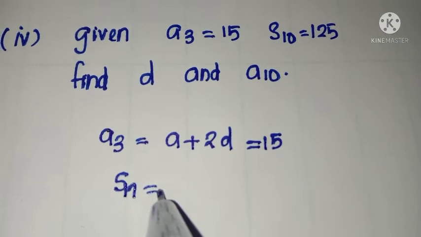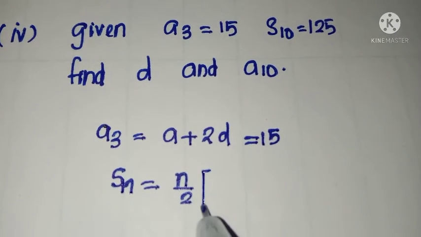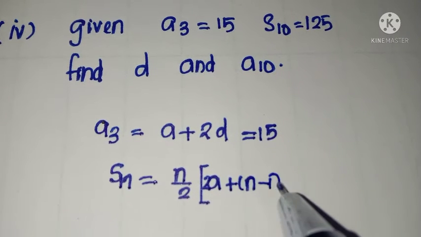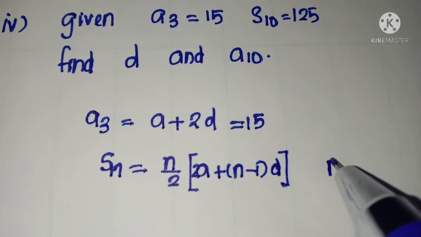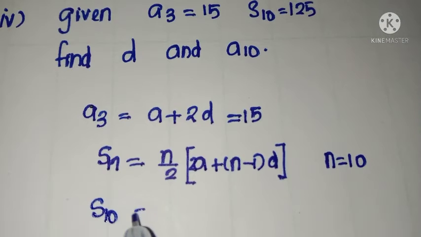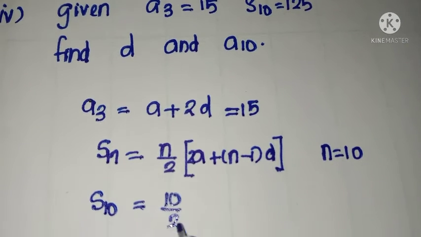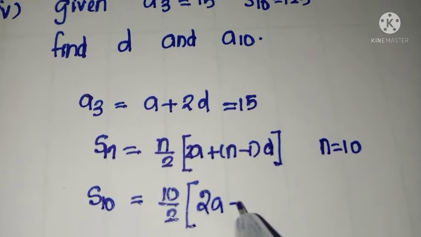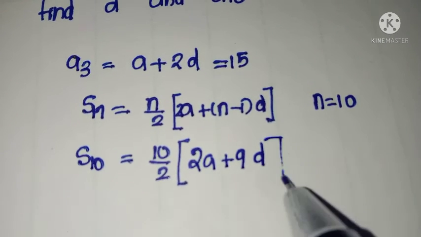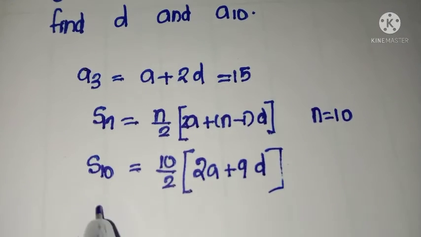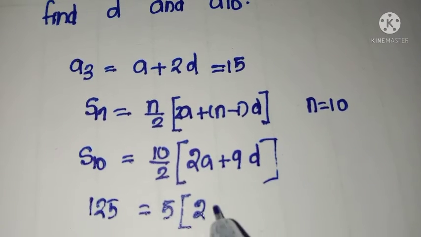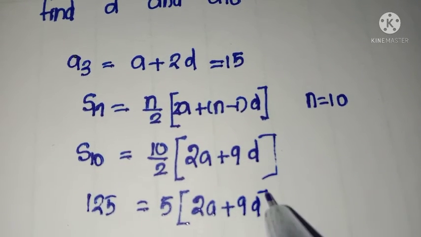What is Sn? Sn is n by 2 into 2a plus n minus 1 into d. Here n equal to 10. So this becomes S10 equal to 10 by 2 into 2a plus 9d. Or 125 is equal to 5 into 2a plus 9d.